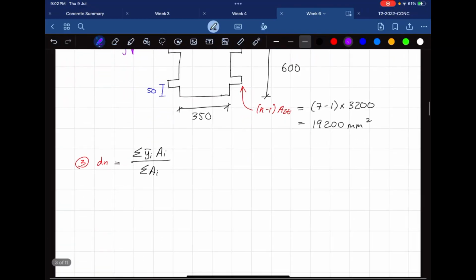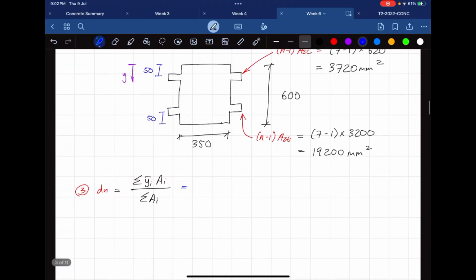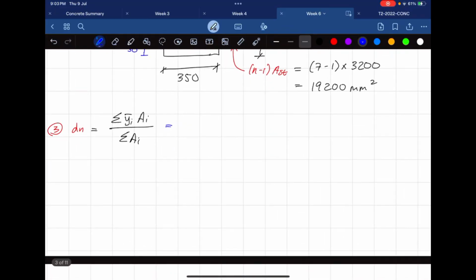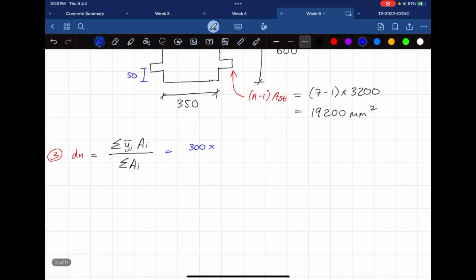So what I'm going to do, I'll write it out. I'll do 350 times 600. I'll explain why I did this. First of all, let me just write each of these out.